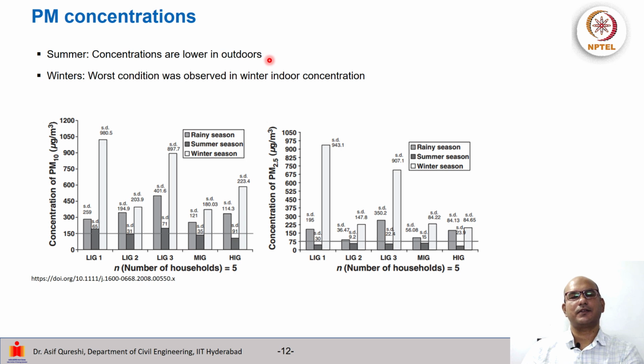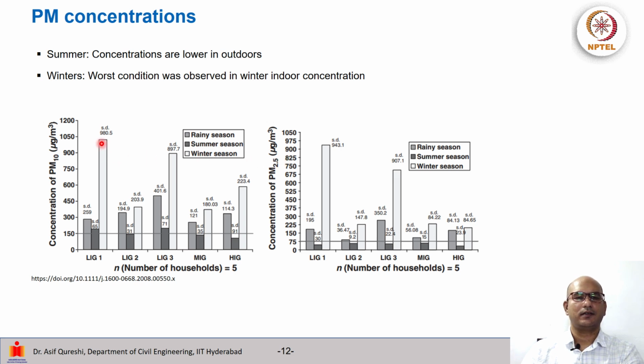In general, they first found that the outdoor concentrations were lower in the summer, and in terms of indoor concentration, the worst situation was observed in the winters. Here we have concentrations of PM10 and concentrations of PM 2.5.